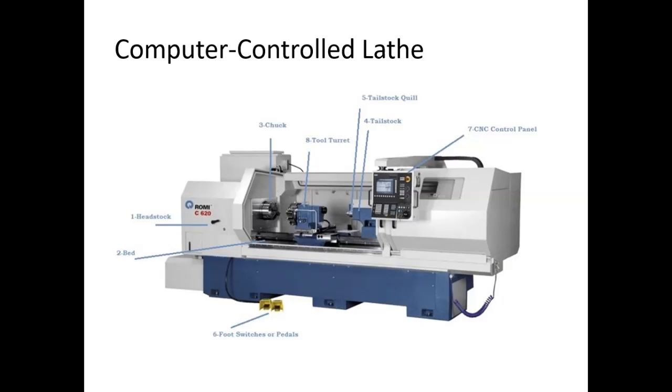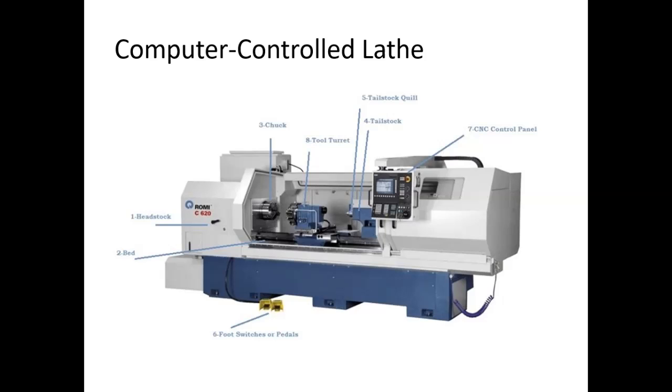But now there is no such concept. If we feed the program into the microcomputer in a computer controlled or CNC lathe, each and every activity is well defined in the program itself and taken care of by the CNC machine.